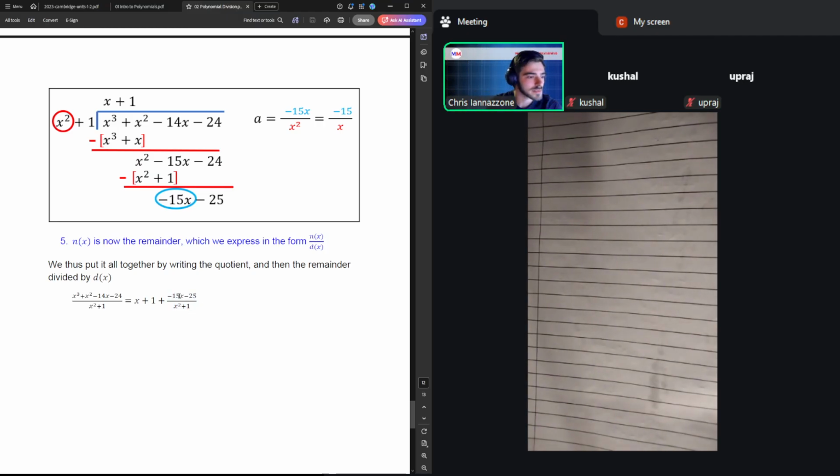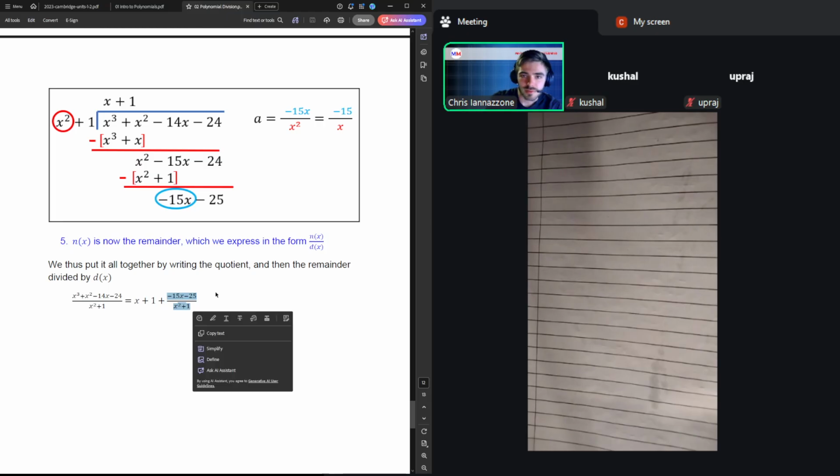That's how remainder is expressed in the simplified form, which, let's be honest, doesn't really look very simplified. You typically don't ever really do this, or at least you're not asked to do this usually.